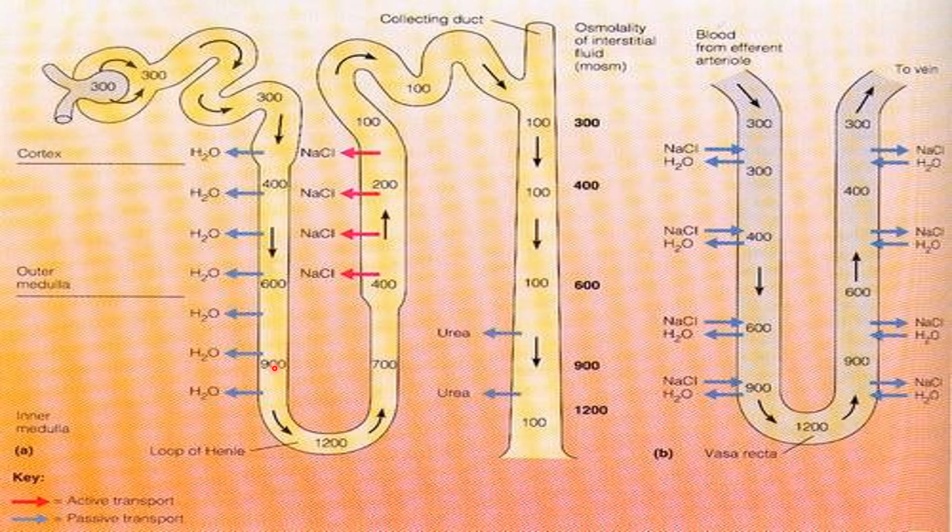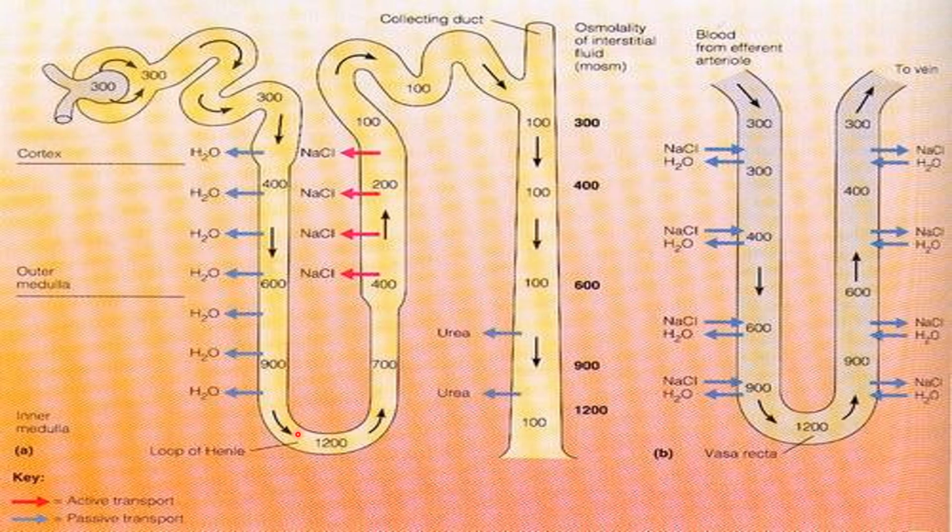Now moving down the descending limb of the loop of Henle, there is a further increase in salt, and let's suppose there are now a total of 1200 molecules of salt. Because of the presence of aquaporin molecules, the water was moving out.